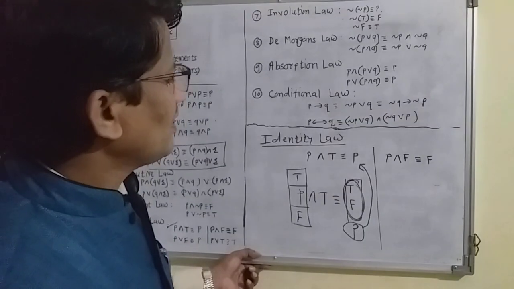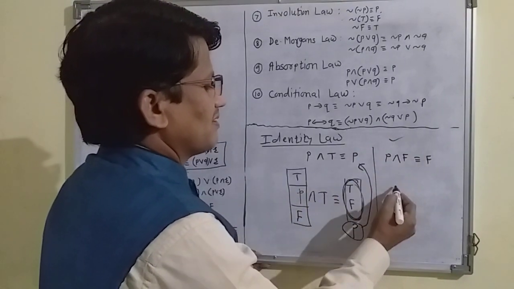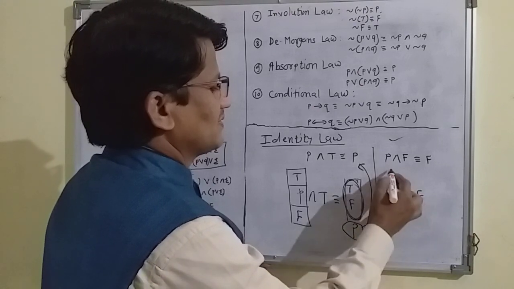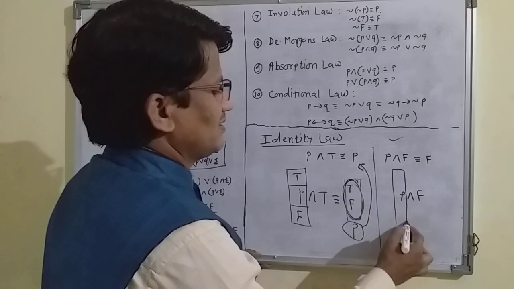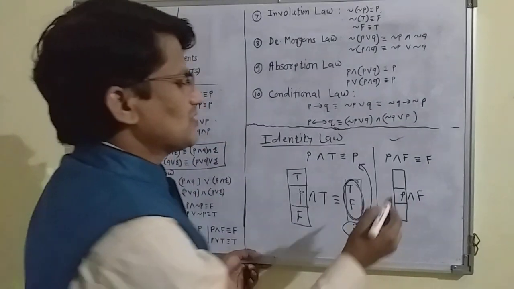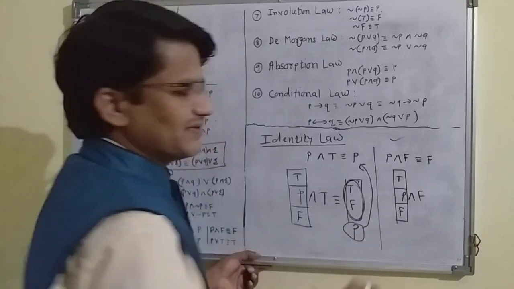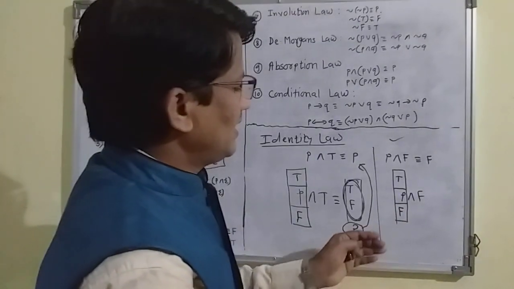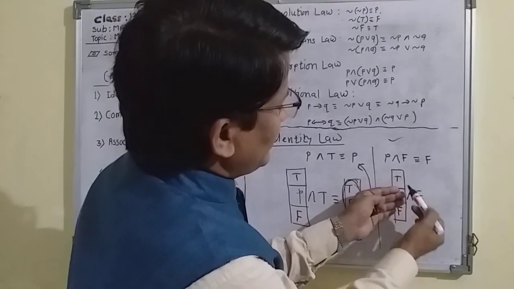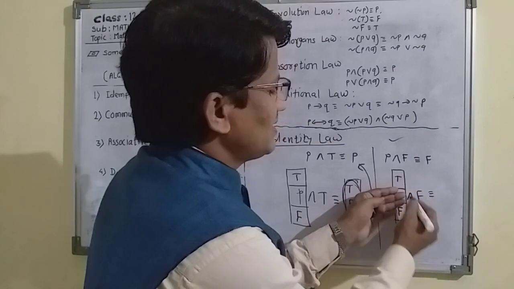Now, check what the result of P is. I am writing P and F. Again, make it like this. This is a statement having two possibilities, whether it is T or F. Now let us take T and F. What is the result?